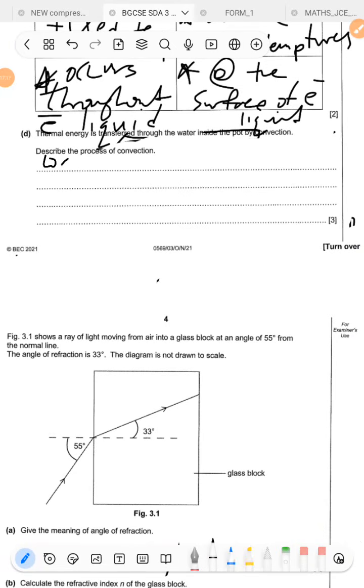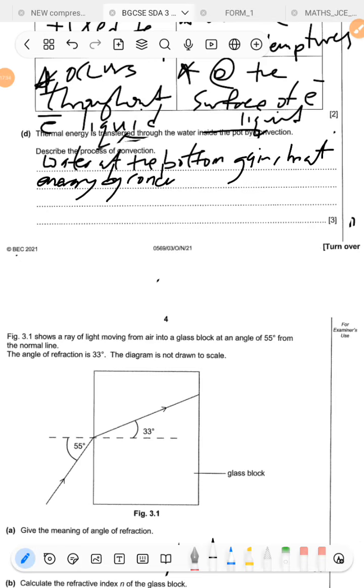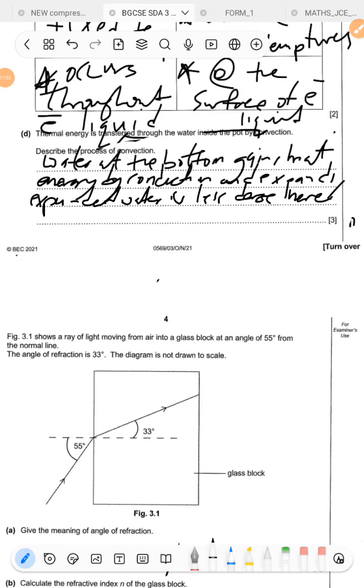Water at the bottom gains heat energy by conduction and expands. Expanded water is less dense, hence it rises.